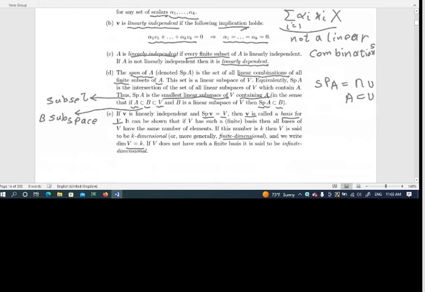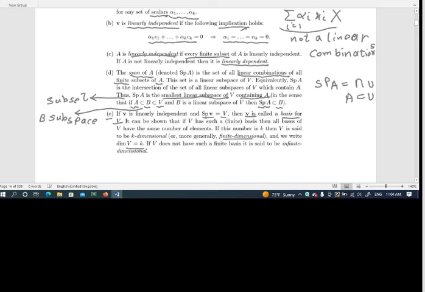So we talked about the span of a subset A. Now we say that if V is linearly independent, and the span of V equals the whole vector space, we say that V as a subset of V is a basis.